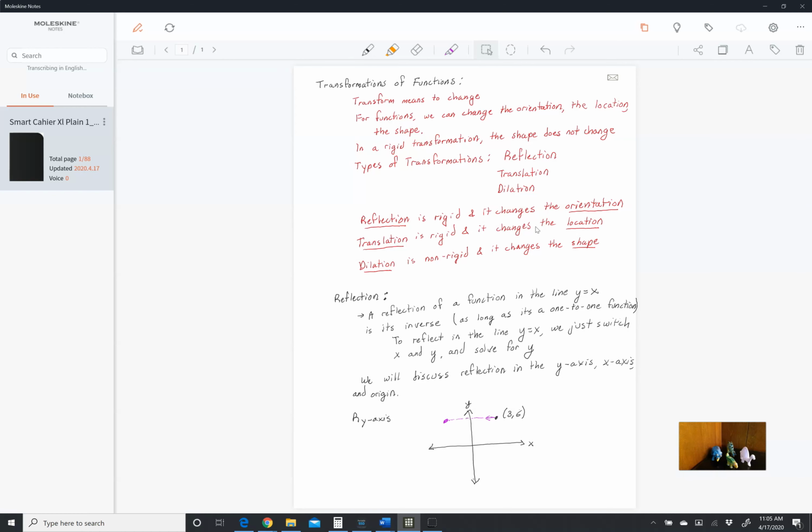Well, we're at the same height, so our y value remains the same. Our y value is still 6, because we're still 6 units from the x-axis. But our x value changes. Our x value, instead of being positive 3, 6, it's going to be negative 3, 6. That's our new point.